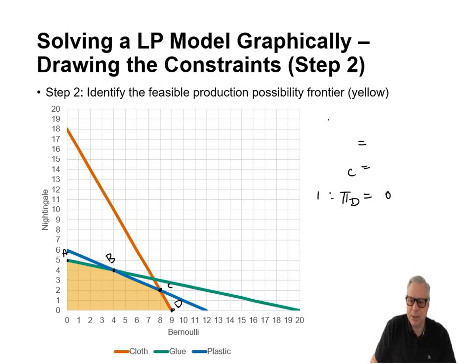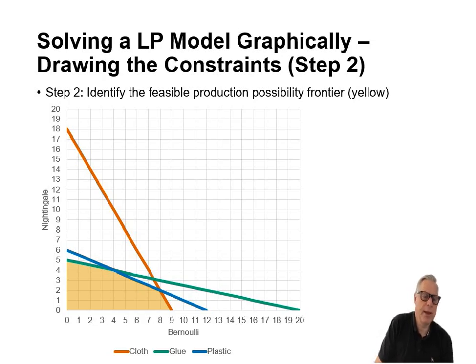what is known as step 3, which is to identify the ISO profit line. And the ISO profit line is a little bit similar to the production possibility frontier. So the production possibility frontier tells you all combinations of producing, let's say, Bernoulli and nightingales that use up all the resources.